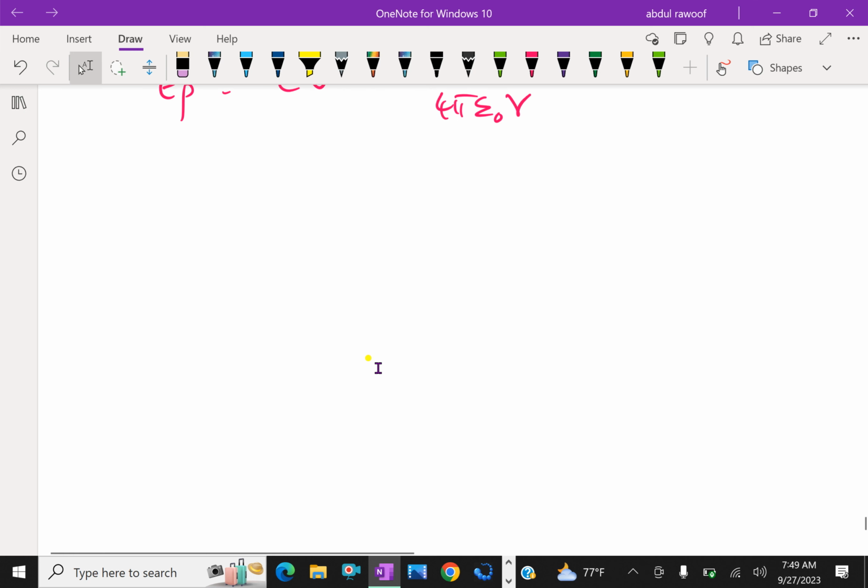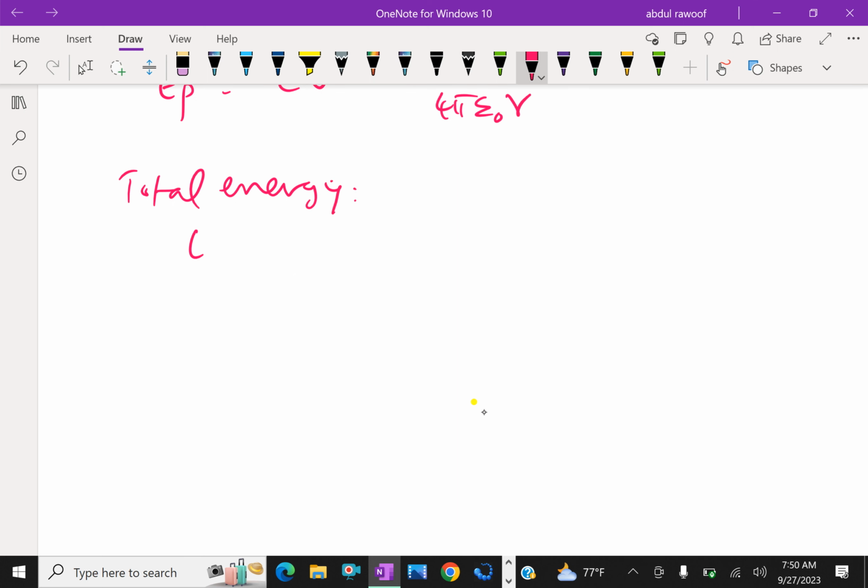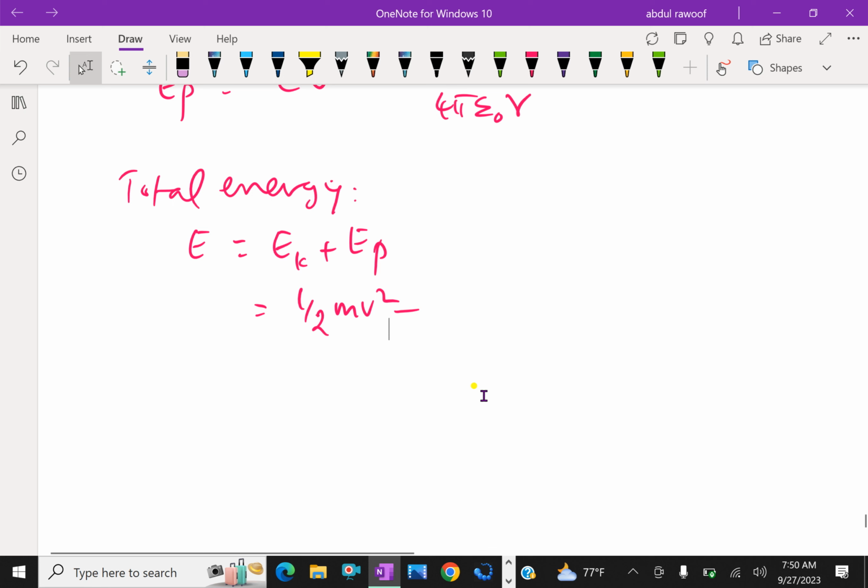Therefore, total energy is kinetic plus potential, E equals Ek plus Ep, which is half m v squared minus Z e squared over 4 pi epsilon 0 r.